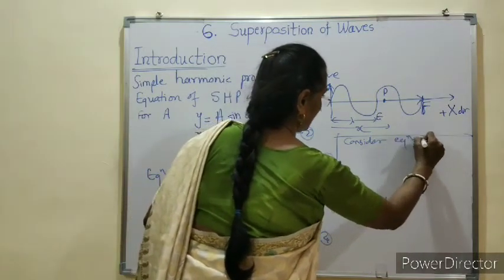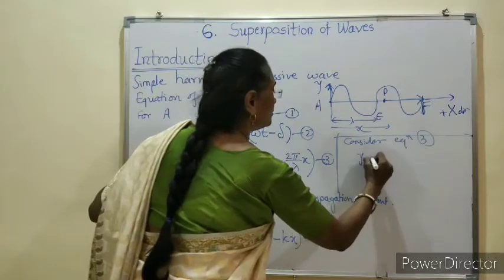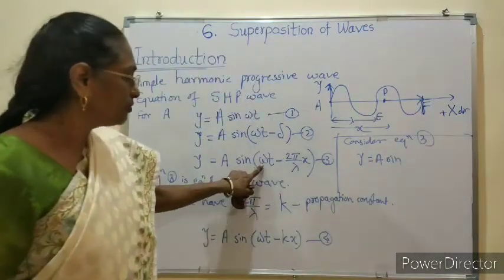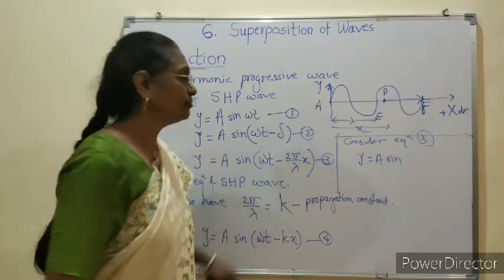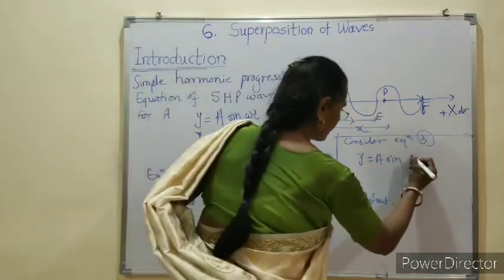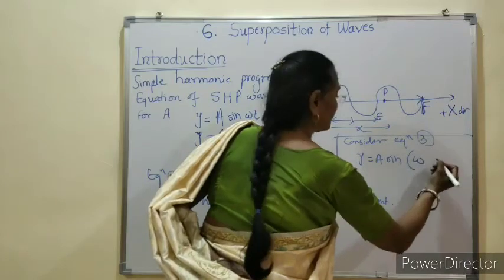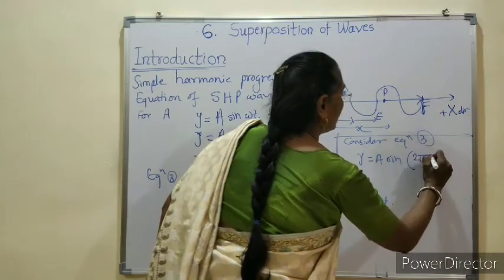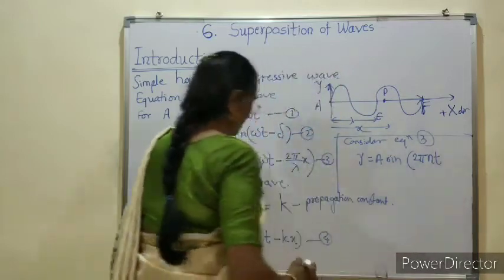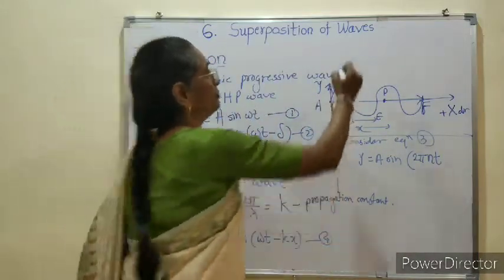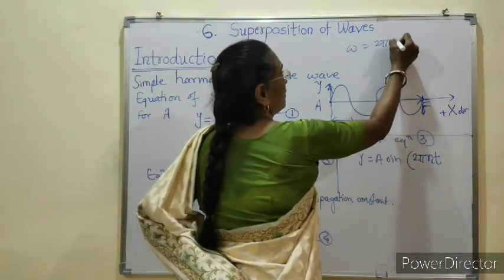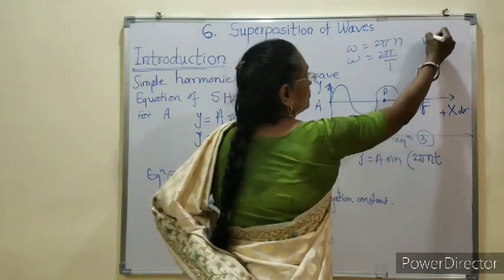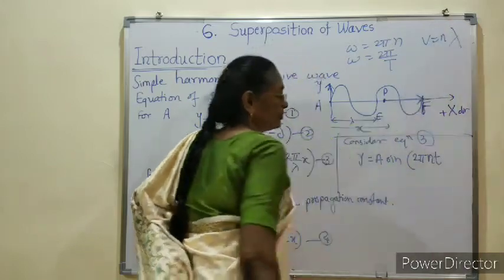We write y is equal to a sin omega t. Omega can be written as 2 pi n. We know omega is equal to 2 pi n, also omega is equal to 2 pi upon T. Also we have the relation v is equal to n lambda.